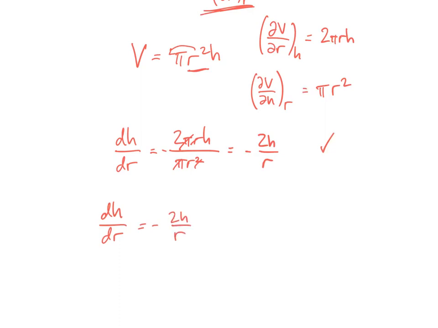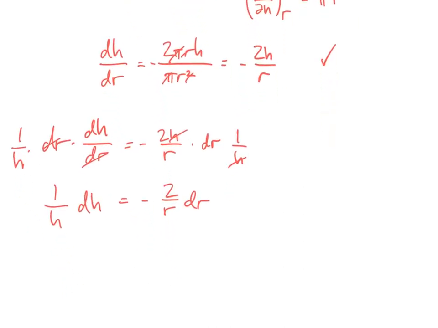Now what we want to do is to get all the h's on one side and all the r's on the other side. I'm going to multiply both sides times dr, and I'm going to divide both sides by h. Then the dr's cancel out, the h's cancel out on that side, and I get that 1 over h dh equals negative 2 over r dr. Okay, next what I need to do is to integrate both sides.